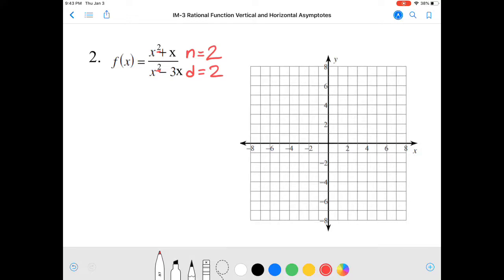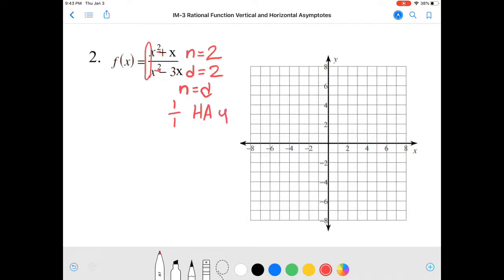For this problem, the degree of the numerator is equal to the degree of the denominator. So that means that we're going to have to divide the lead coefficients to get our horizontal asymptote. Because there's no number in front of the x's, both lead coefficients are 1. So we're going to do 1 divided by 1.